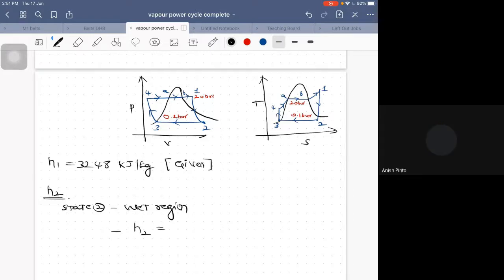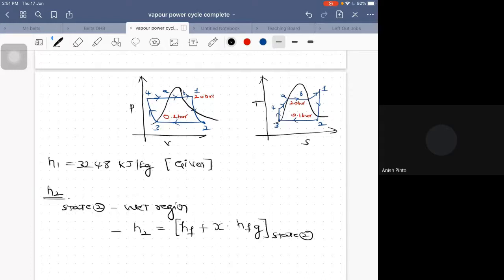HF plus X into HFG, where all these points are taken at state 2. Is that fine? Clear? Yes or no? Yes, sir.